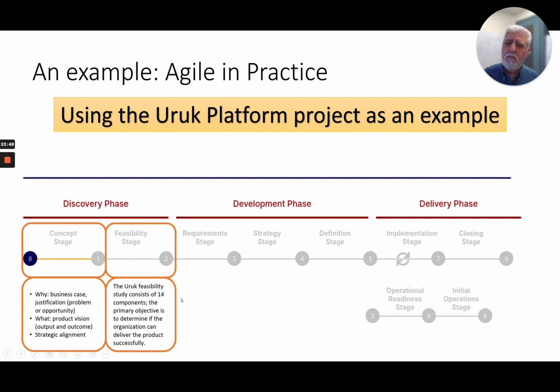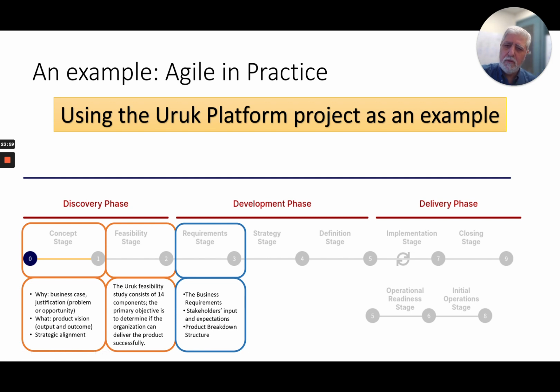So now we start working on the project, and in a way we start to work on the requirements and the strategy together. How are we going to do this project? What is our strategy? But let me explain each one of them before I go into how we did it. So typically a requirement stage would mean what? Define the business requirement, the stakeholder input, expectations, product breakdown structure.